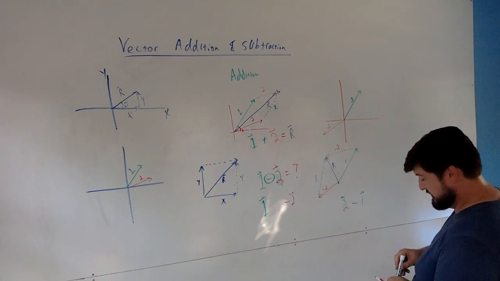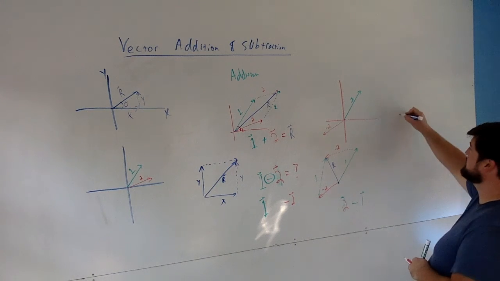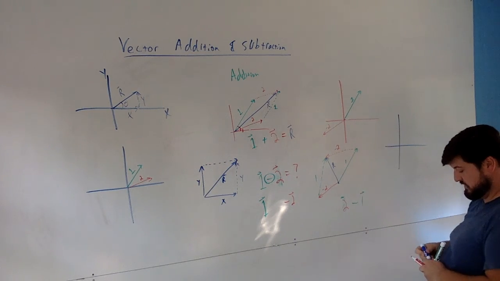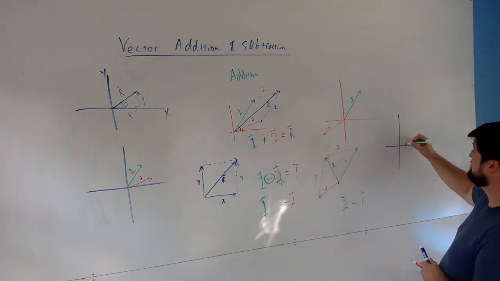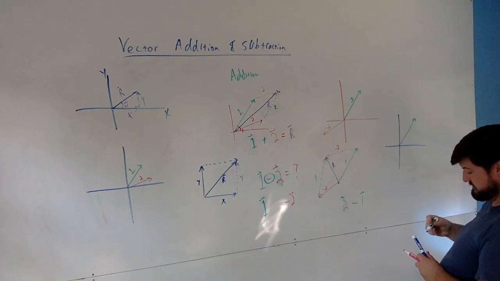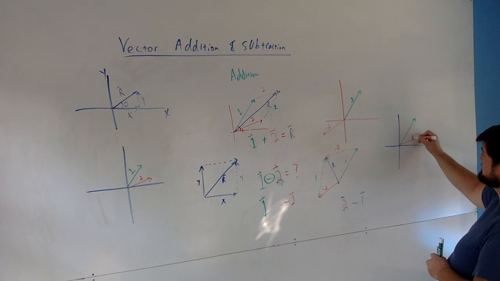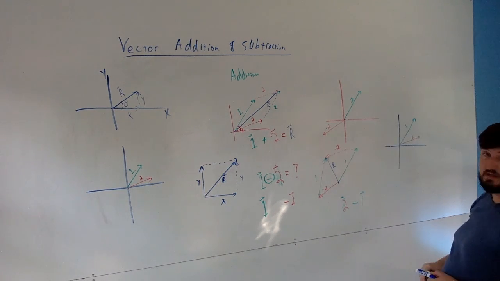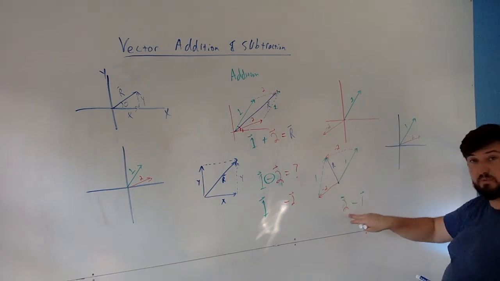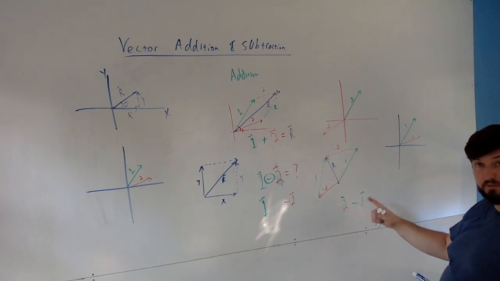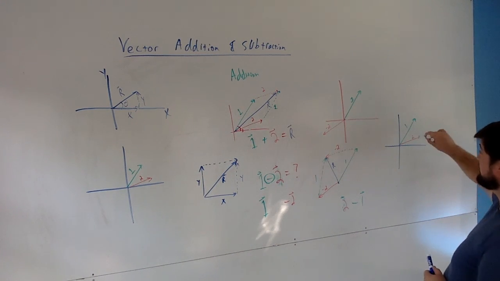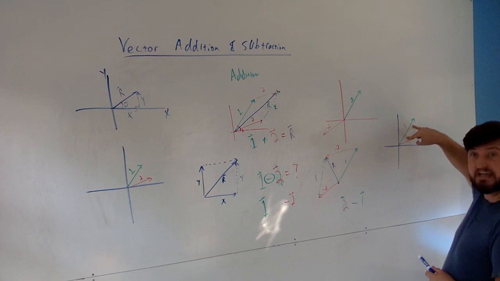So let me draw my origin again. So here's my xy. I had originally vector 1 up like this, and I had vector 2 off like this. This is 2, this is 1. So if I want to do this subtraction of 2 minus 1, or a negative 1 plus 2, I have to get, in either case, a negative 1.